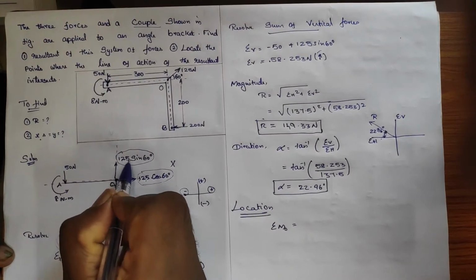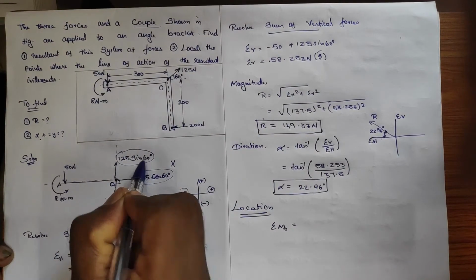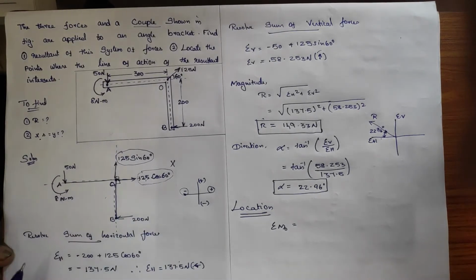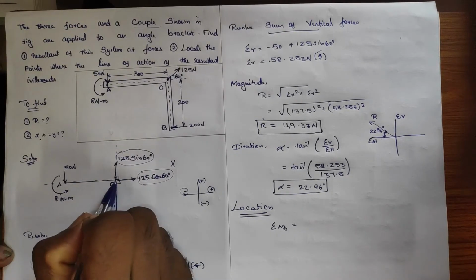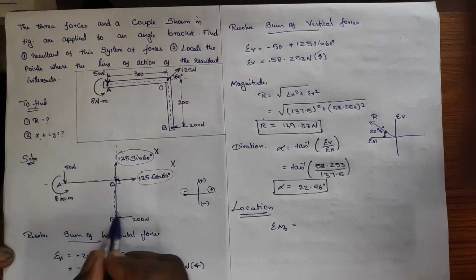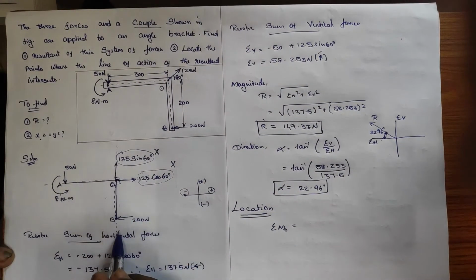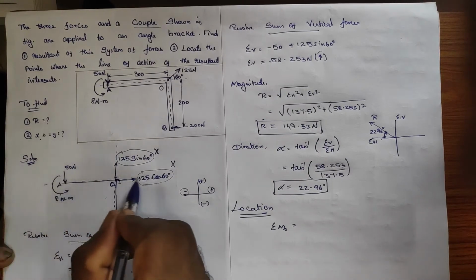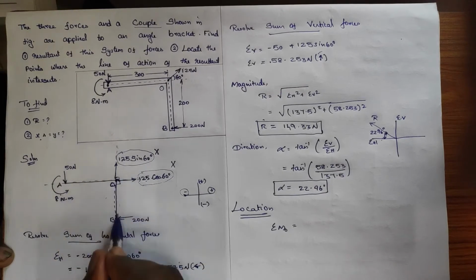And here comes 125 sin 60 degree, which is also taking from O. There is no perpendicular distance. Perpendicular distance is 0, so this also won't participate in the moment. Is any other force coming into the cross line? No force is coming into the cross line. No one else is coinciding, only these two.